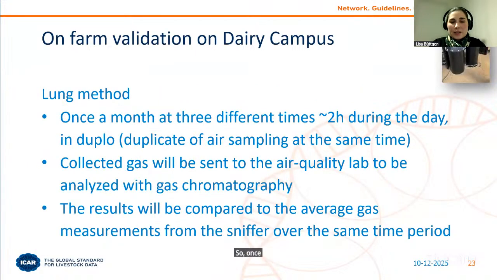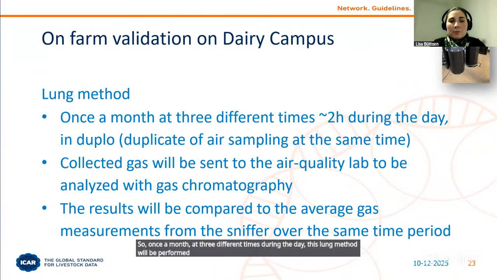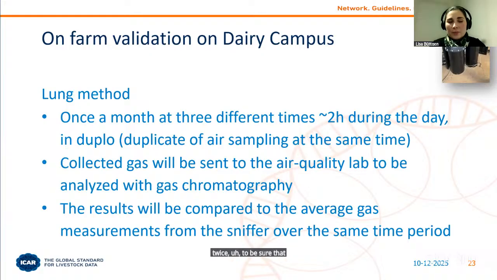So once a month at 3 different times during the day, this lung method will be performed in duplo, which basically means twice, to prove that the method is functioning well. And the gas collected in these aluminium bags, which fill over around 2 hours, will be sent to the air quality lab to be analyzed with the gas chromatograph, which could be seen as a gold standard for gas analysis in that sense.